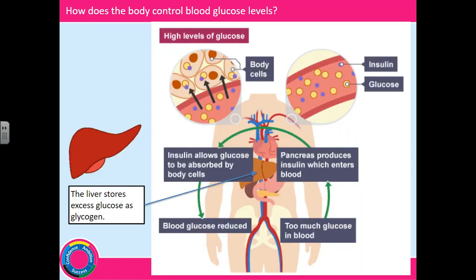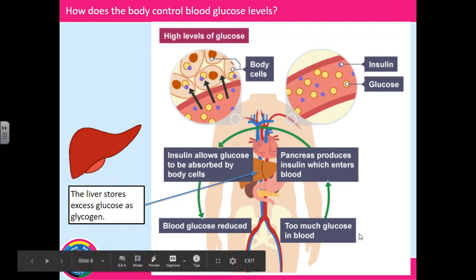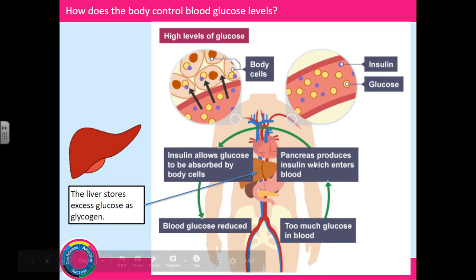Okay, so let's have a look at what actually is going on when our glucose levels get too high. We can start down here. Too much glucose is in the blood. This causes the pancreas to produce a hormone called insulin, which is then released into our blood.